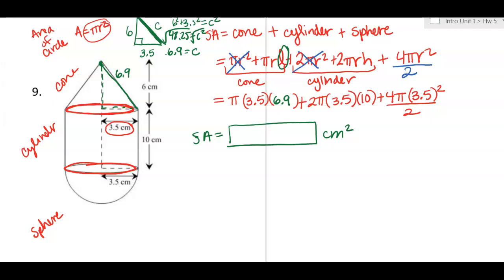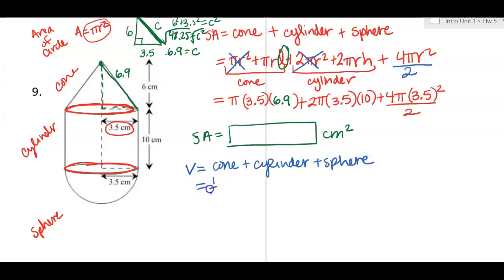Okay. When we're looking at the volume of the figure, it's still complicated because you have these combined figures. However, you don't have to exclude places because volume is more like filling up the object, and with or without the base of the cone, you would fill it up with the same amount of water. So volume doesn't really change here. We want the cone and the cylinder and the sphere that we see.